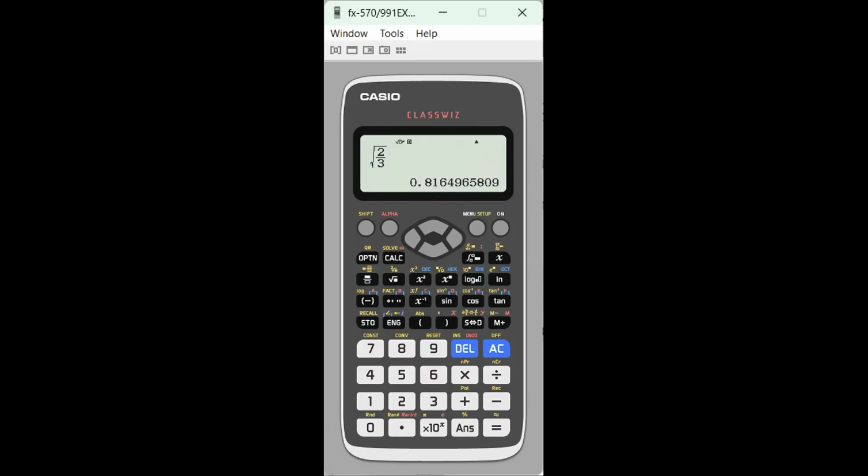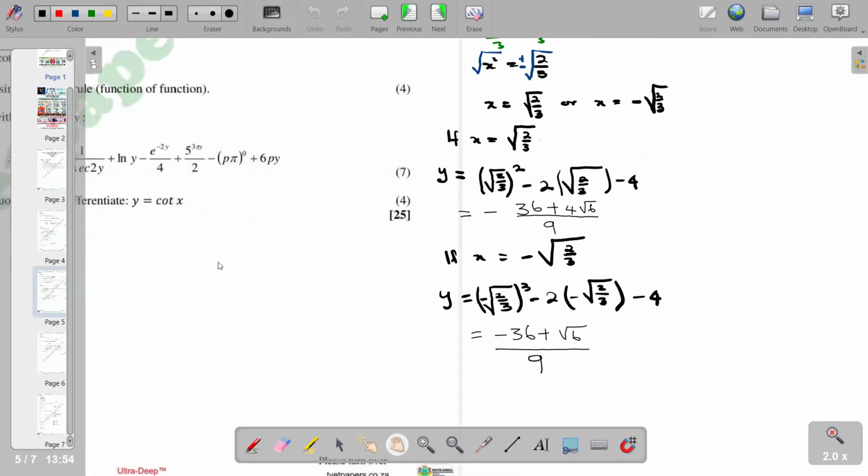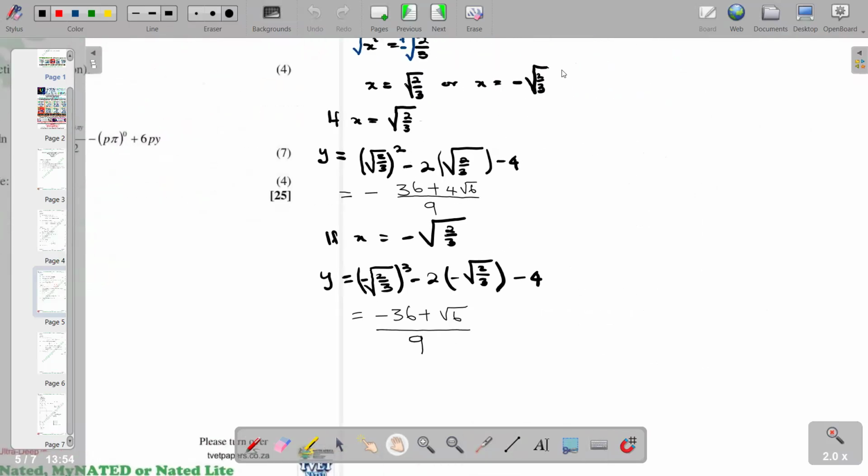So writing our answers there properly, because the question wants 3 decimal places, for our x values, our x is equal to, for this one, to 3 decimal places, 0.816.